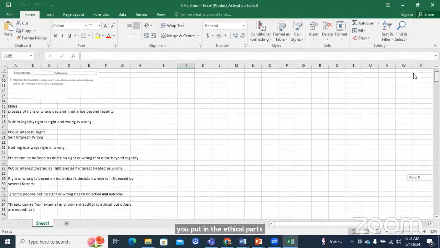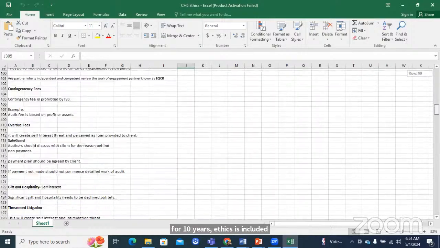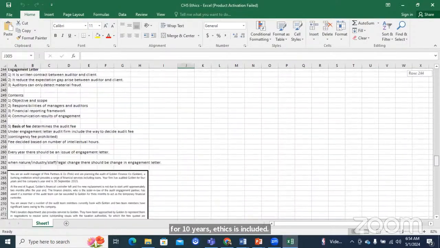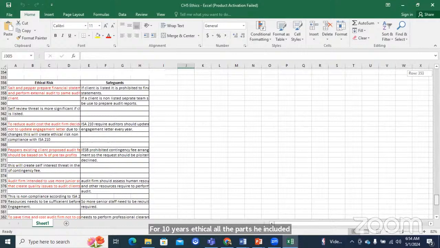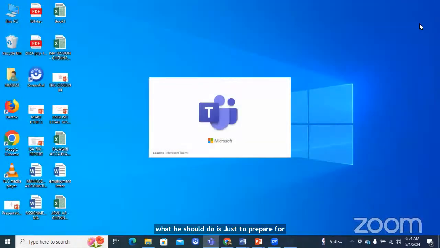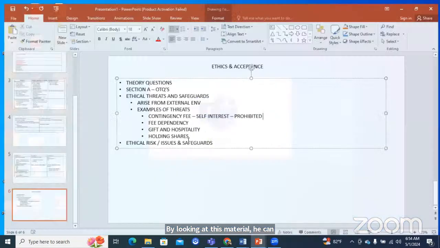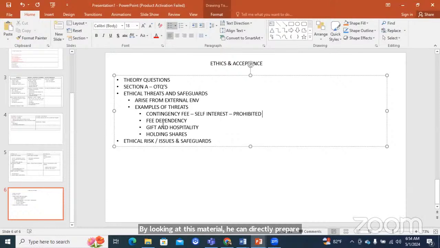Complete ethics. For 10 years, all the ethical parts are included here. By looking at this material, he can directly prepare for the exams. So what I am telling is, now itself, take all the ethical questions and put them in a table.